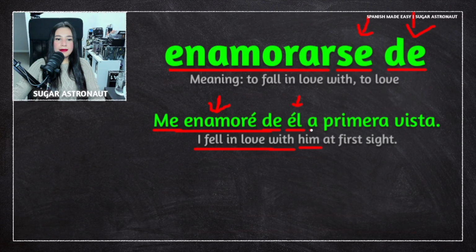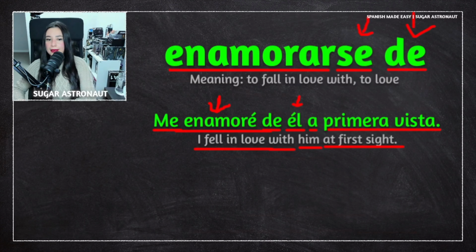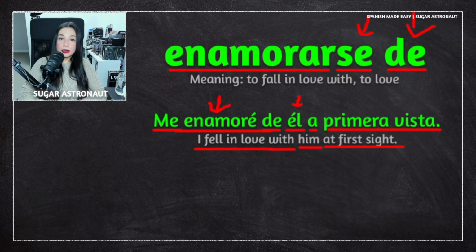A primera vista, this whole phrase means at first sight. So that's a good phrase to remember if you want to say at first sight in Spanish. A primera vista. Primera, first, vista, sight.